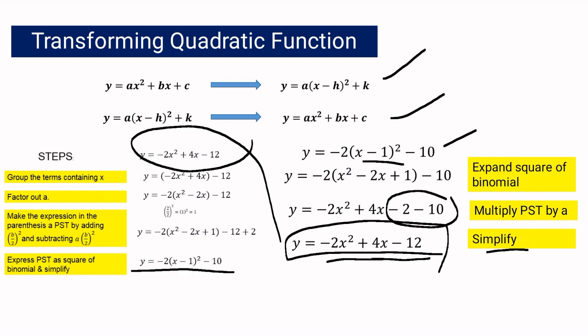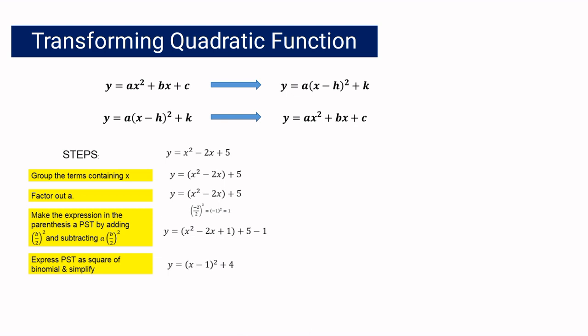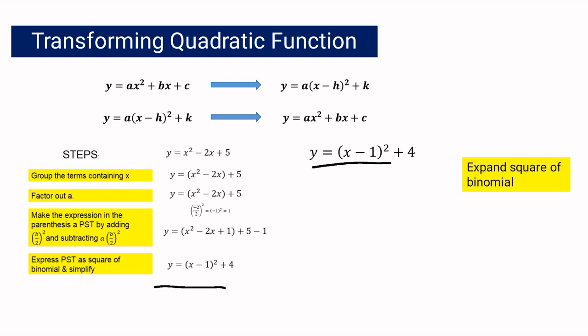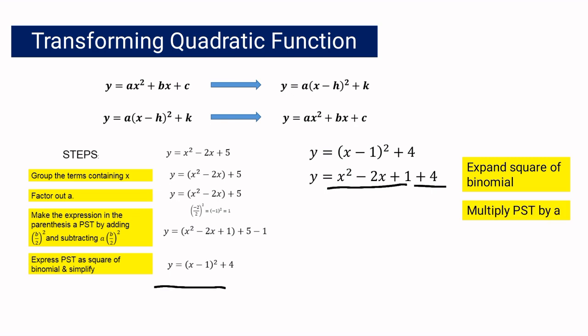But let us have one more example. Suppose this is our first example earlier, and this is our given. Y equals x minus 1 squared plus 4. We are going to find y equals ax squared plus bx plus c. So first step again is to expand the square of binomial. The result will be x squared minus 2x plus 1, and then you just copy plus 4. Next step is to multiply the perfect square trinomial by a.